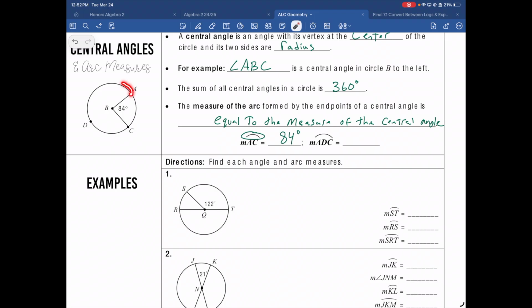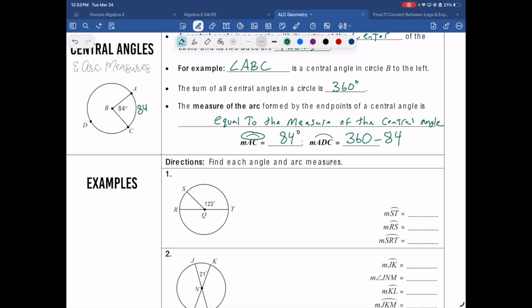So here's A, here's D, here's C. Well, if I know that this arc right here is 84, how many degrees are in a circle? 360. So ADC is going to be 360 minus the arc that I already have in there, which is 84.